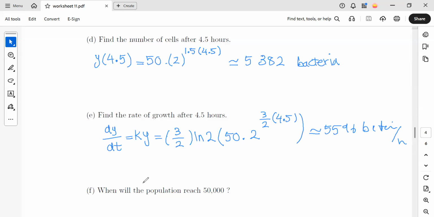And the last part, when will the population reach 50,000? It means that y of t is 50,000 somewhere.